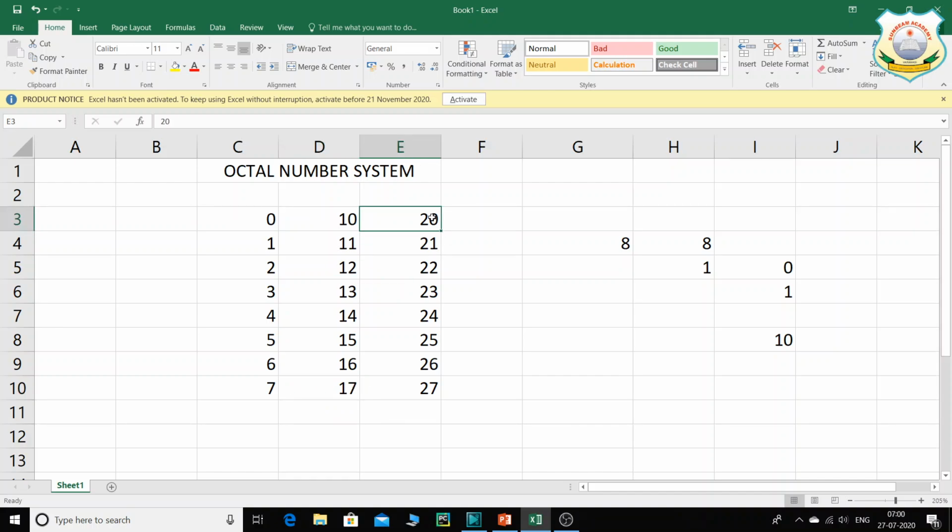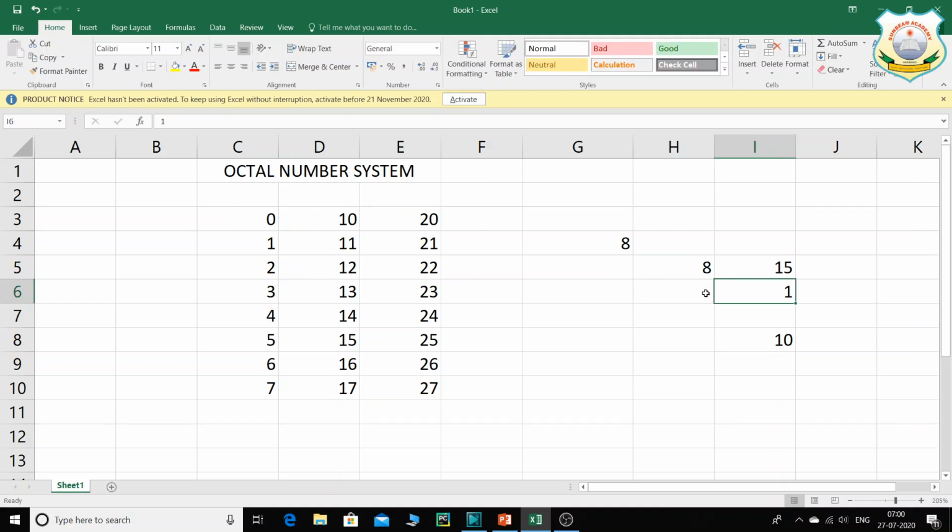This is 16. So for example, let's just have 15 as a decimal number. Now if I have to convert this, how am I going to do this? I have to divide that by 8.